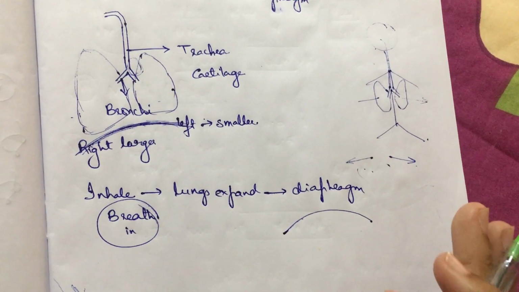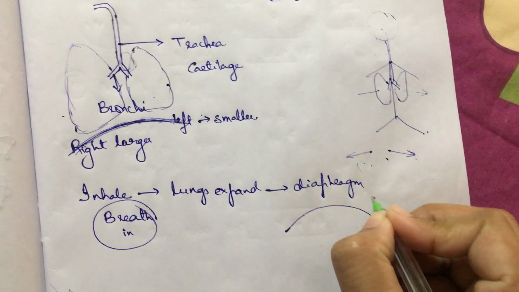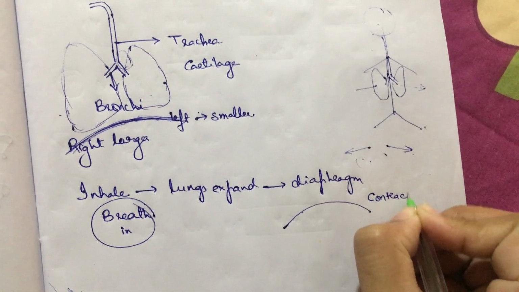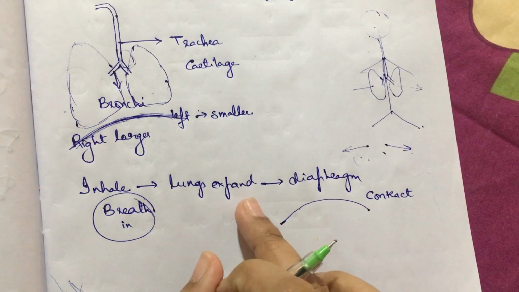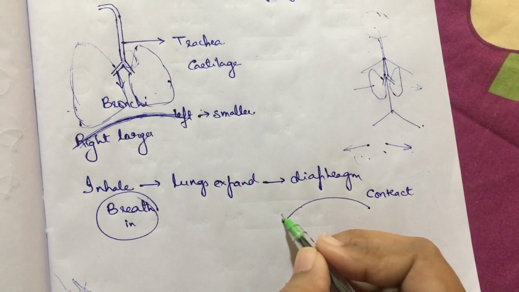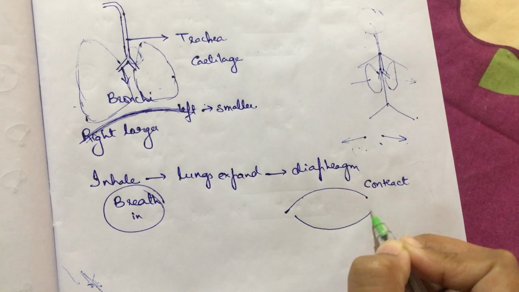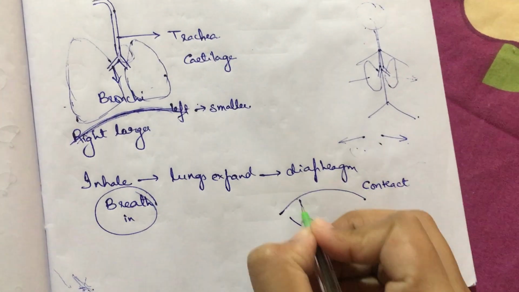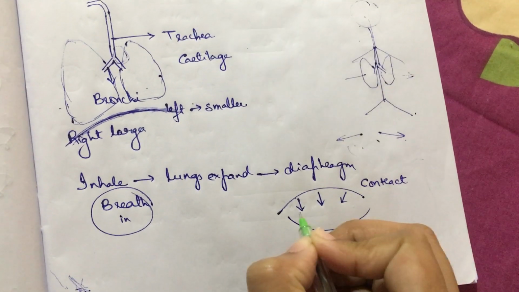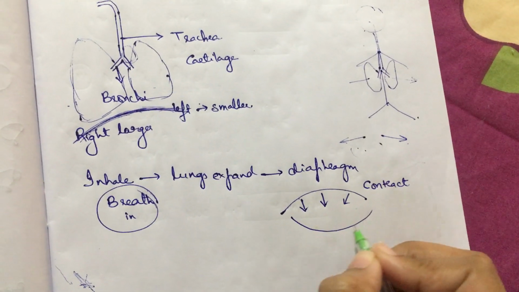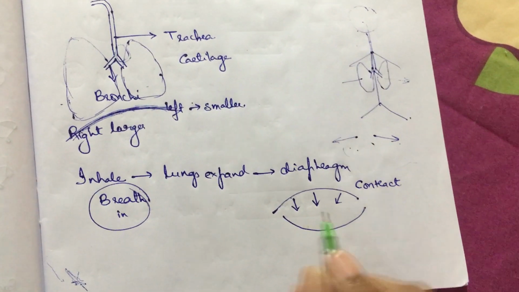This is the normal shape. So when it contracts, why is it going to contract? To give space for the lungs to expand. When it contracts, it becomes like this. It is going to shrink down, it will be pushed down, and the diaphragm becomes like this.